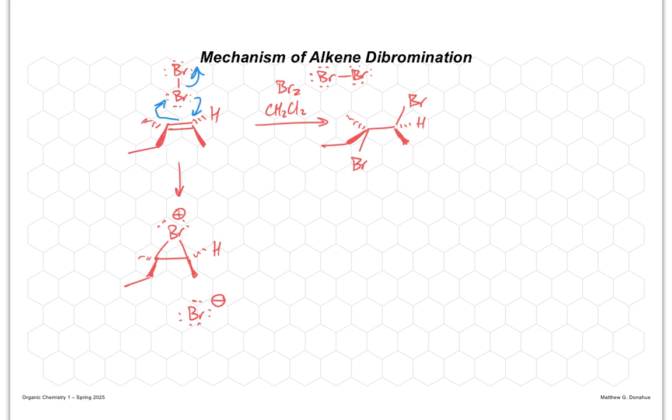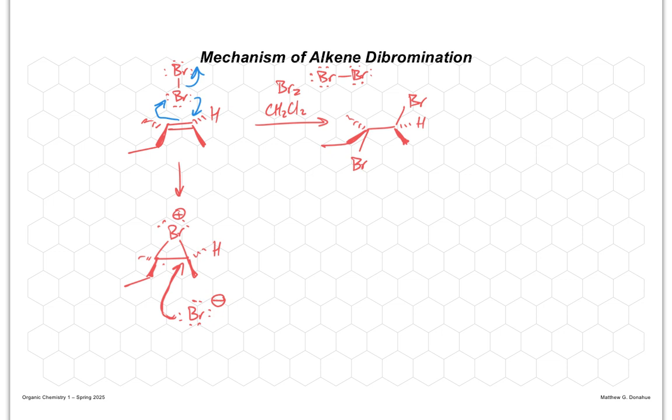And so now we have 2 possibilities of attack. So the bromine could attack there, or it could attack there. So maybe I'll show it just here so we can follow the arrows.